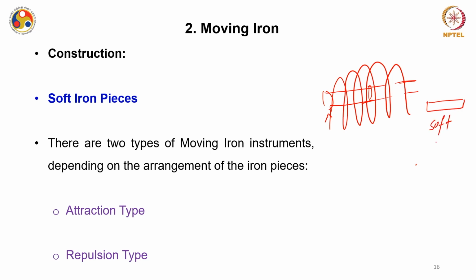If you remember, soft iron can be magnetized very easily, and it can be demagnetized very easily. When you bring this soft iron near this coil, it will be magnetized.